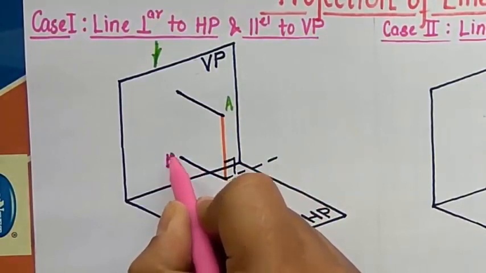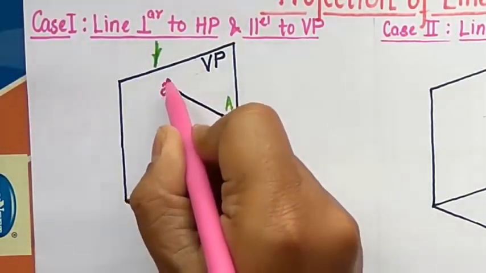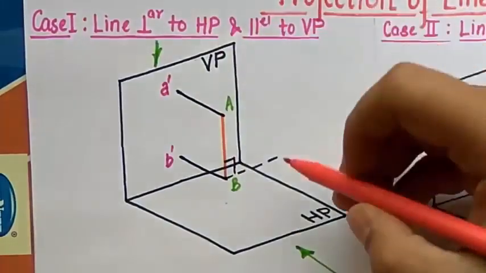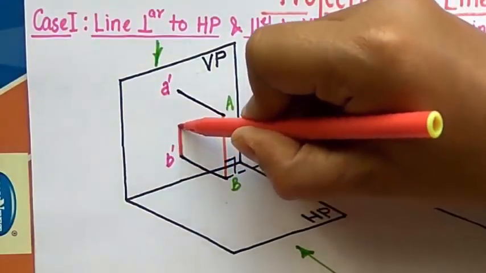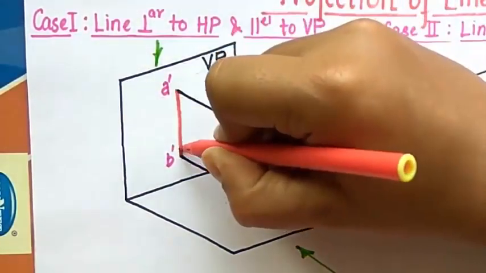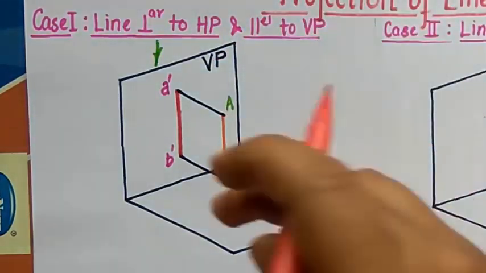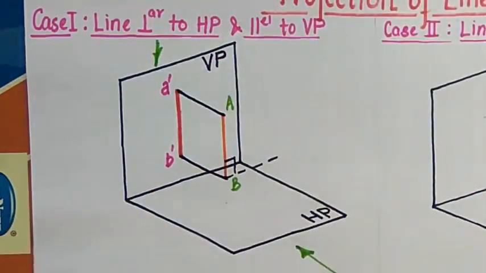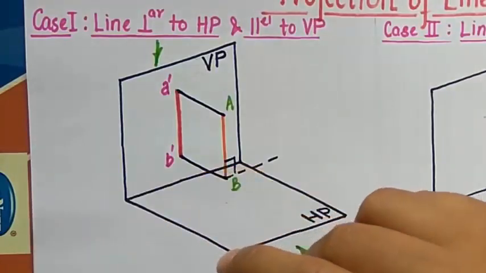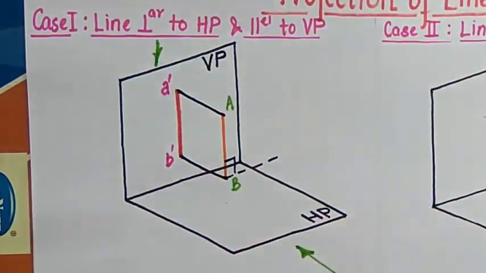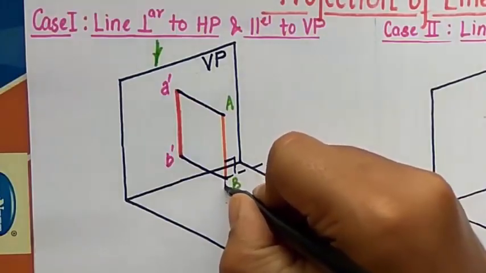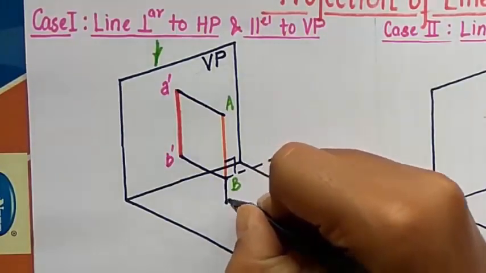This is B dash and that's A dash, and this over here, guys, this is the front view of the line AB. Alright, now similarly let's look at this line right from the top. Now when you look at this line from the top, you're gonna end up having its top view in the form of just a point.